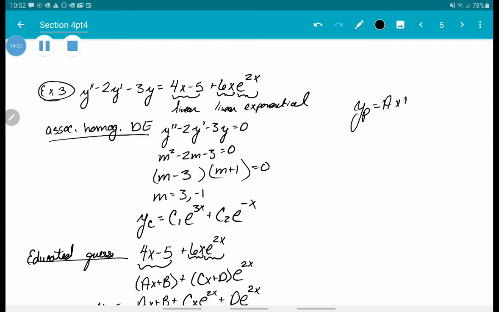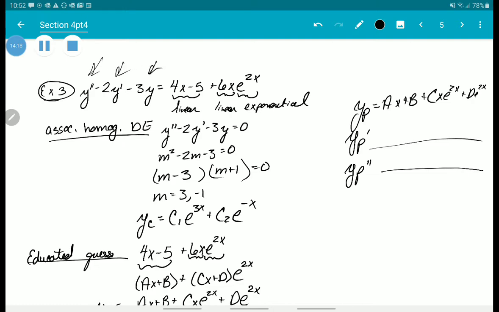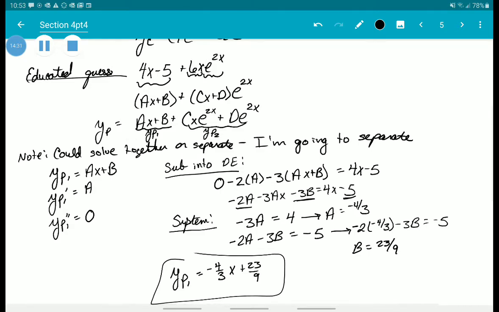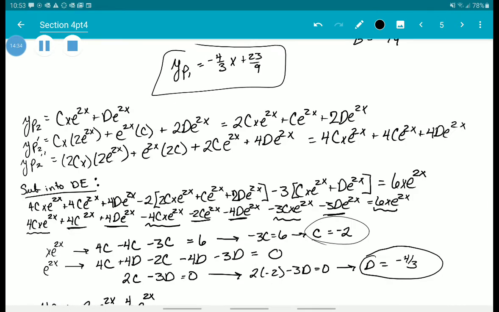We could have said that's just yp all together, and then we could have done yp prime and yp double prime. This would be pretty lengthy. So we would have had a really massive equation to solve. Breaking it up into smaller pieces just made it a little bit more manageable, but you totally could have done this in terms of one massive equation.